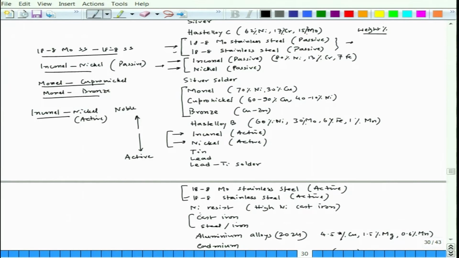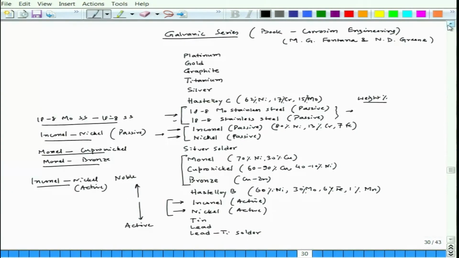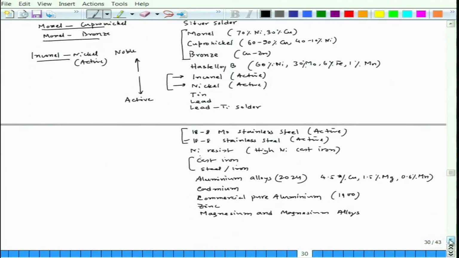Now, that is how the clubbing has been done. Now, another part is, if we have some joining like platinum and then steel, iron or steel. Now, if you see in the galvanic series, platinum is sitting on top and steel is far below.